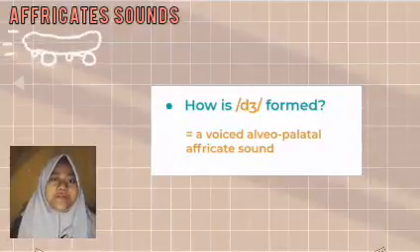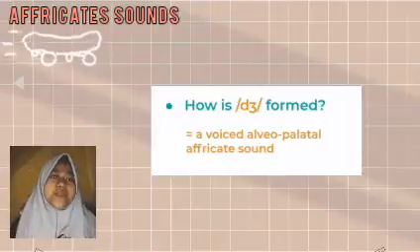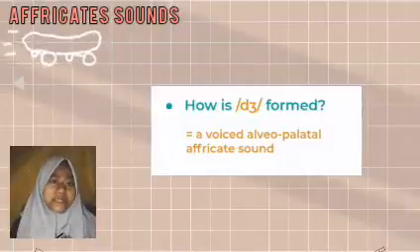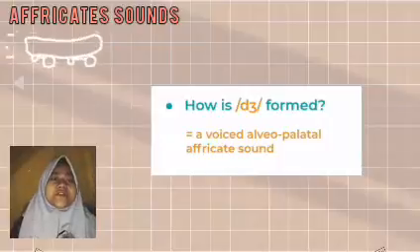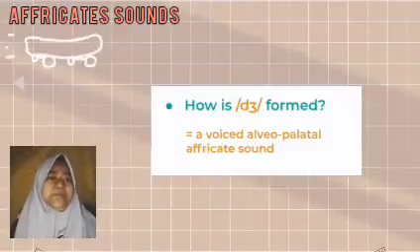Now here you have to put a little bit more effort in compared to ch, because you use your vocal cords, so D and Z together j. Now the sound is a voiced alveolar palatal affricate sound.